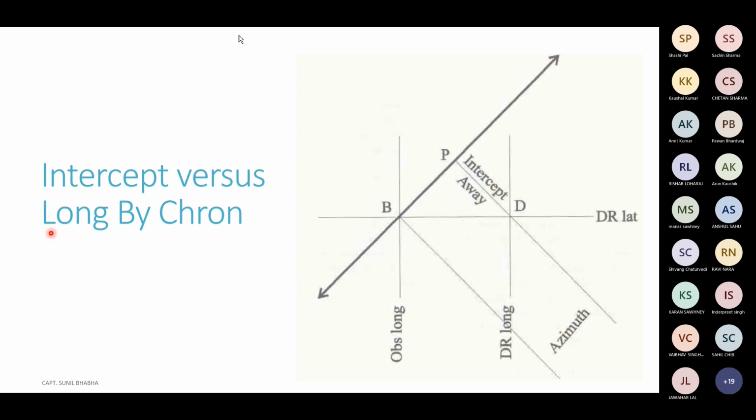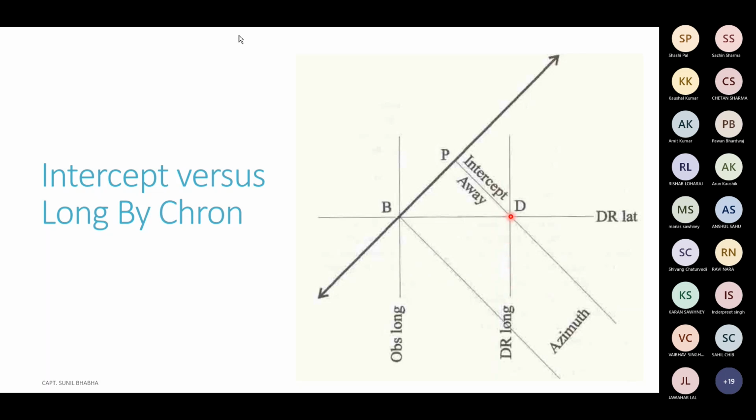Let's try to understand using this diagram. This horizontal line which you see is the DR latitude, labeled here as DR lat. This vertical line which I'm highlighting right now with the laser pointer is the DR longitude.